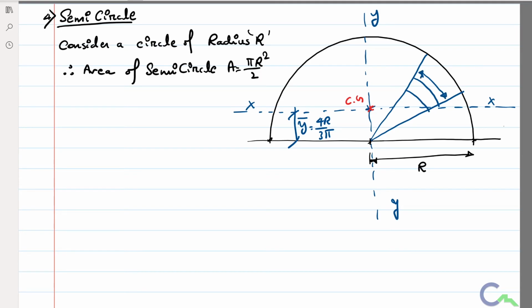This I will take d theta at an angle theta in this way. And in the radial direction I am going to take the thickness of the elementary strip as dr at a radial distance of r.